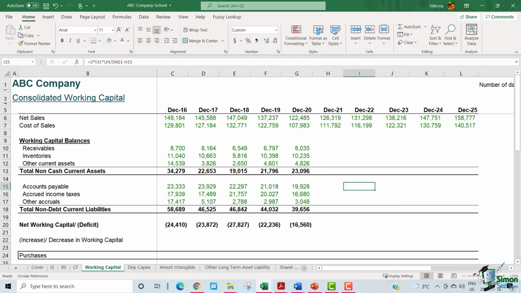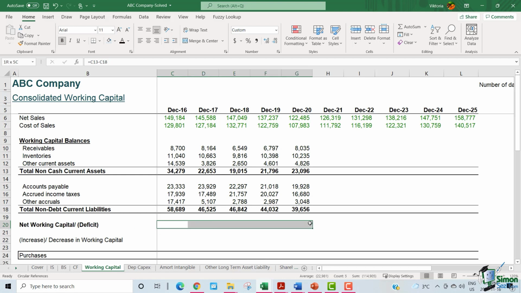Unlike the net sales and the cost of sales that we had forecasted previously, we now need to forecast the non-cash current assets and the non-debt current liabilities in this tab. Let's first calculate the net working capital from 2016 to 2020 because we already have the non-cash current assets and the non-debt current liabilities.